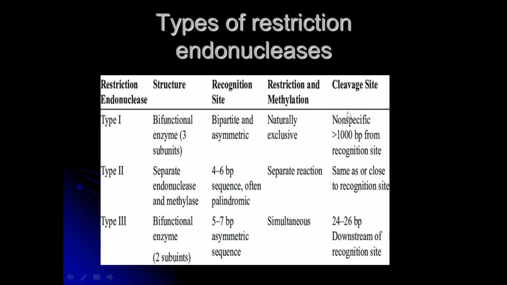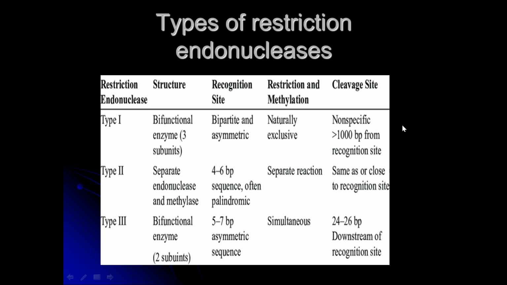But type 1 restriction enzyme cuts 1000 base pairs away from the recognition sequence. Means GAATTC is present, and then type 1 cuts away from this recognition sequence.